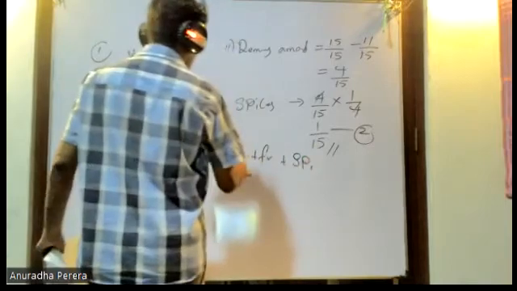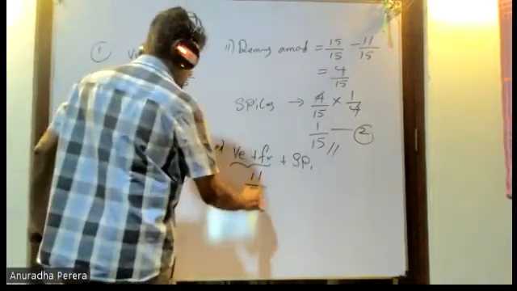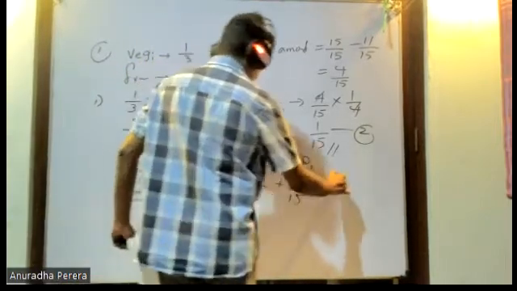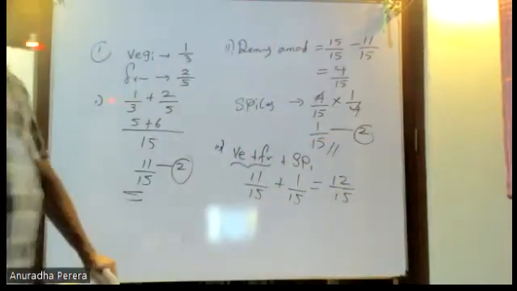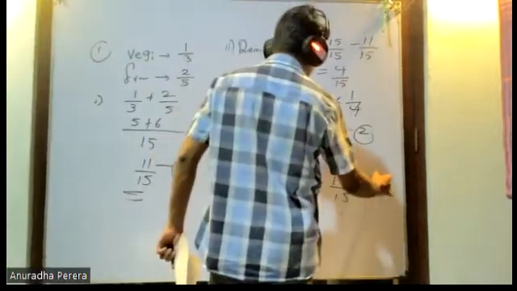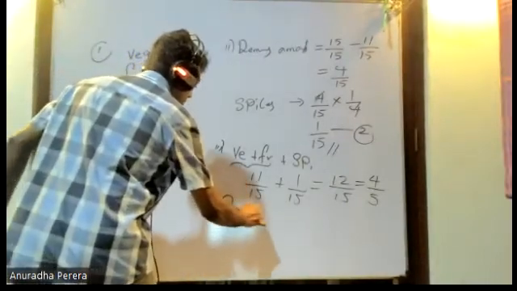The sum of the first two is 11/15, and spices is 1/15, giving 12/15. The simplest form, dividing by 3, is 4/5.